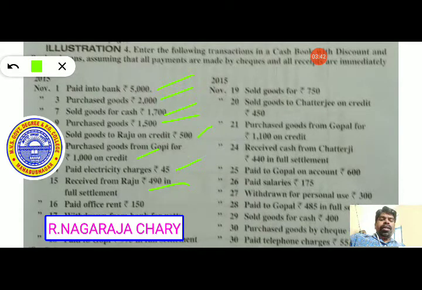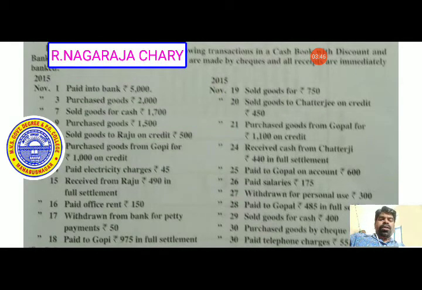Paid rent 150 rupees, and withdrawn from bank for petty payments 50 rupees, and paid to Gopi 975 in full settlement.